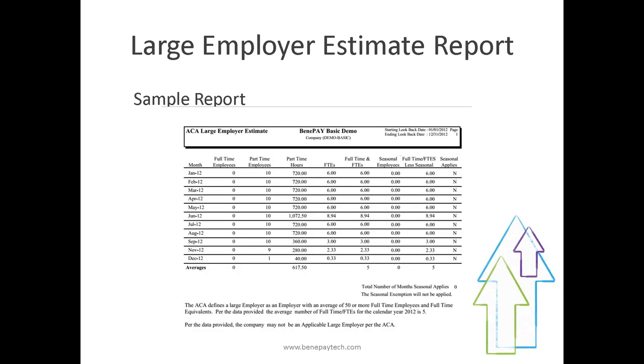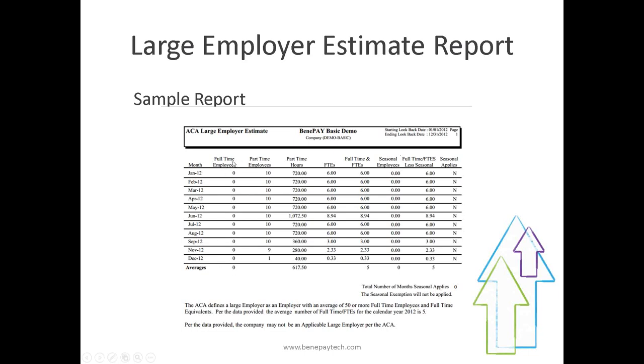Now, on the next slide here, I do have a sample of that report output. And what the report is showing us is the individual calendar months that we have in our look-back period. Now we have our number of full-time employees, and I apologize, I put this presentation together before, obviously, doing the bulk update that we just did.